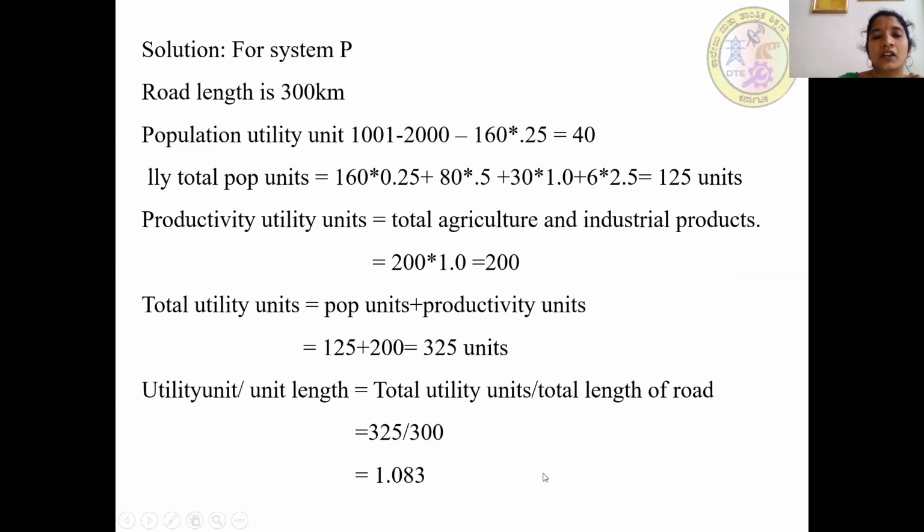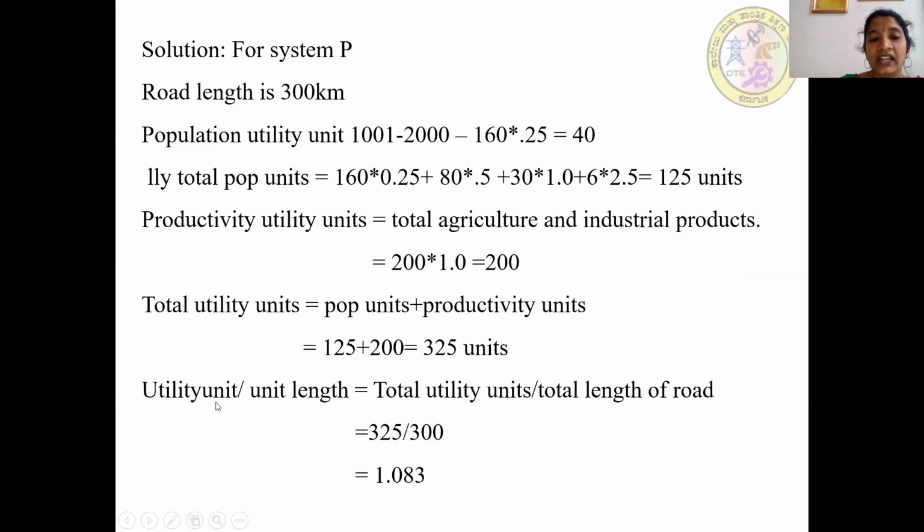So 200 into 1, you will be getting 200. So total utility units will be equal to population units plus productivity units. That will be equal to 125, which you have already calculated here, plus 200. That will be equal to 325 units.